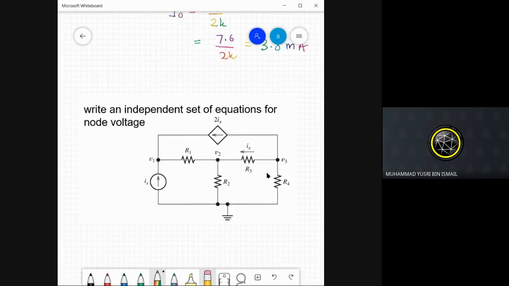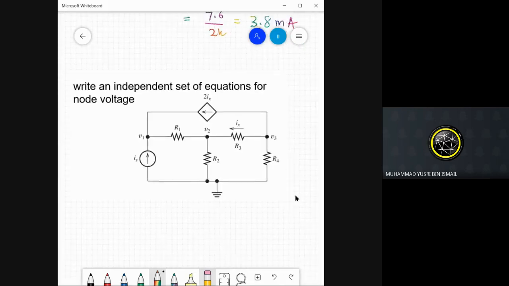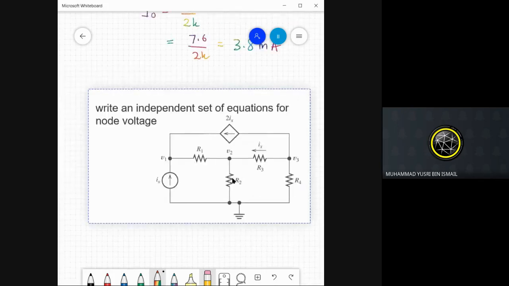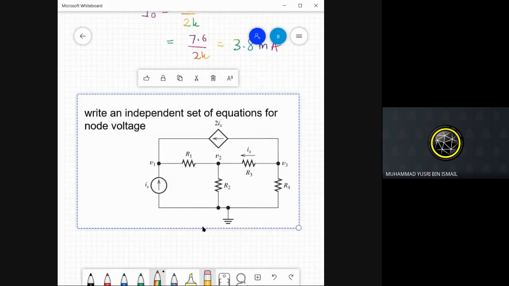I'm not sure what value this question needs you to solve. Anyway, try to write the equation representing V1, V2, and V3.